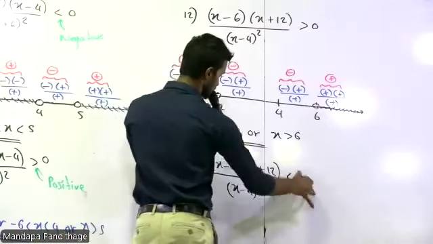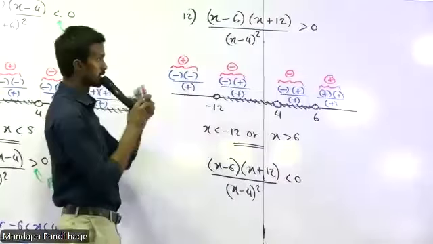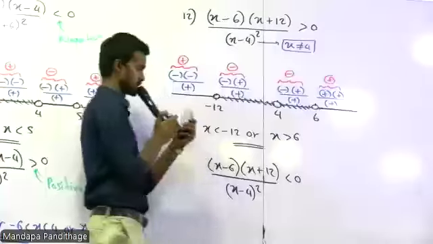Don't combine the two ranges and write that x is between minus 12 and 6. It's clearly two regions, separated by 4, because when 4 is in the denominator, x is not equal to 4.